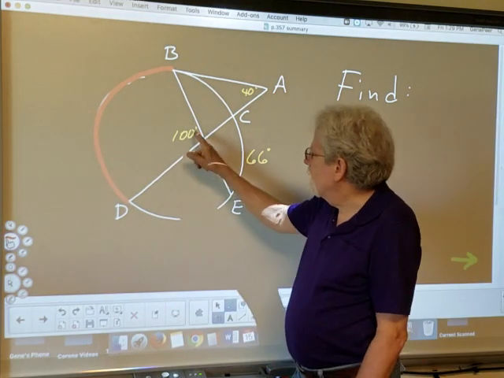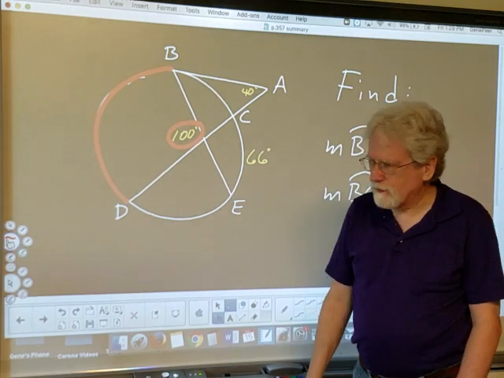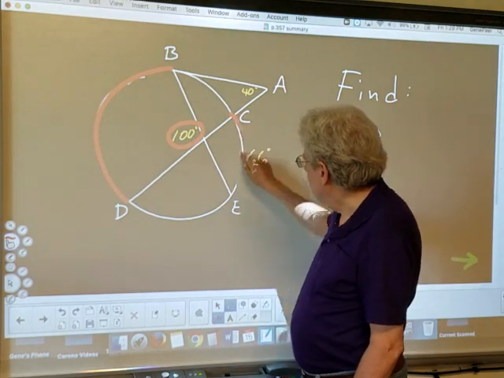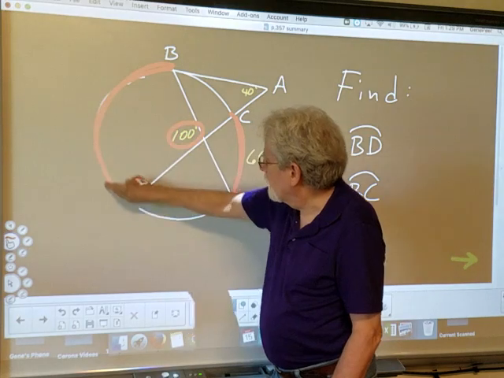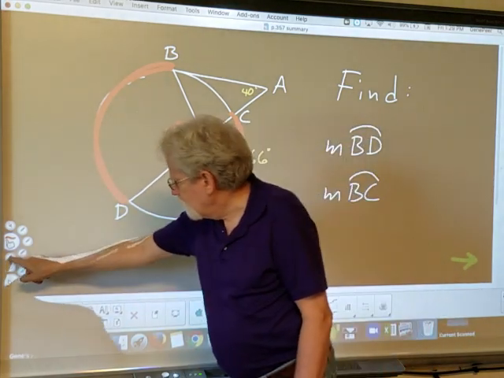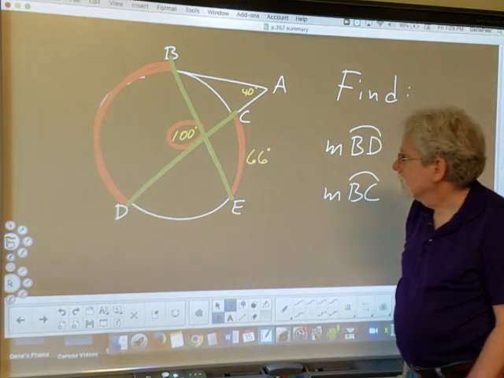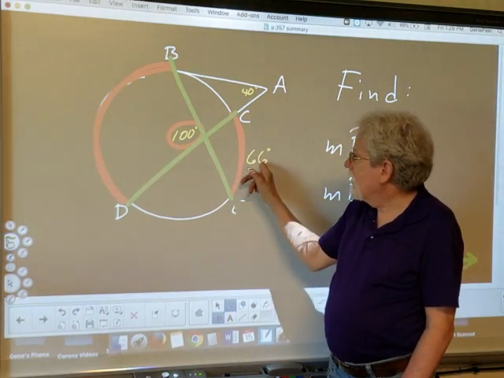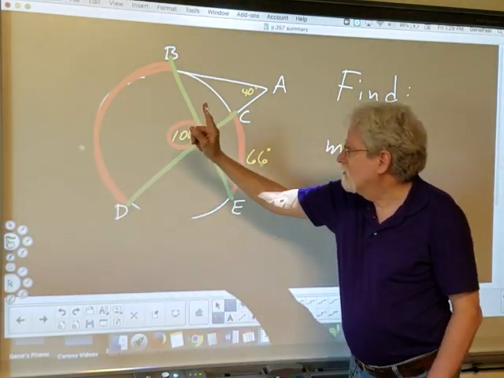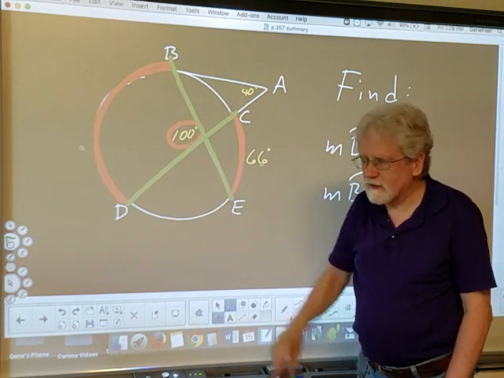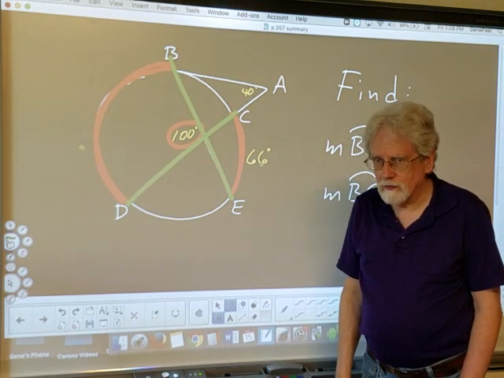We know that this angle is found by adding these two arcs and taking half. Here we have our two chords. We would add these two arcs and take half. We would get 100 because they told us so.